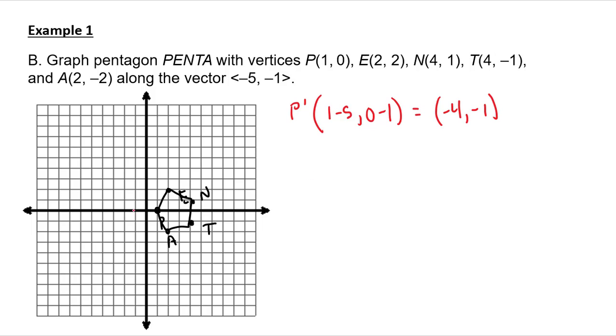So 1, 2, 3, 4, -1. And that makes sense because I shifted over 5, down 1. And then we have E prime. So 2 minus 5 over 0 minus 2, that's going to be -3, -2. So -3, 1, 2, 3, -2.